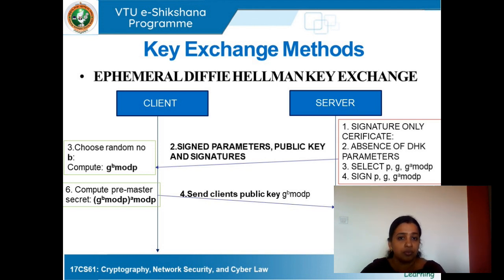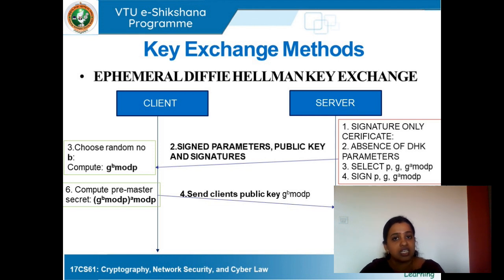Now when does this situation occur? If the certificate is a signature only certificate, in that case there is absence of Diffie-Hellman key parameters. Now how do we achieve this Diffie-Hellman key exchange if there is absence of Diffie-Hellman key parameters?